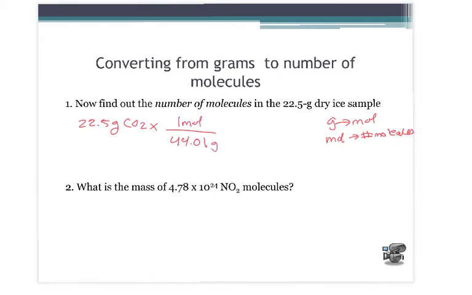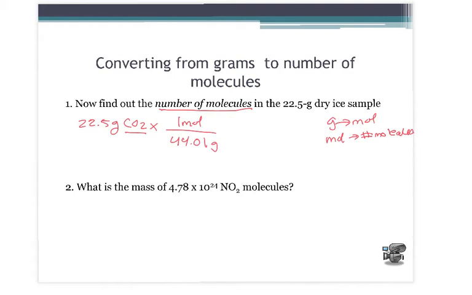But we don't want to stop there because we're being asked for the number of molecules. Notice the difference in the language. Before, for atoms, we were saying the number of atoms for elements. Now we're saying the number of molecules because we have a compound now. So that's the only difference.